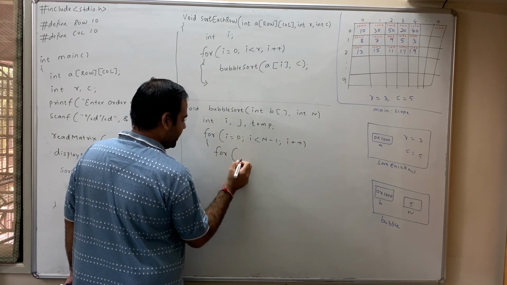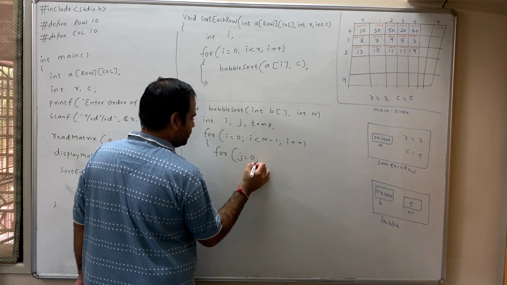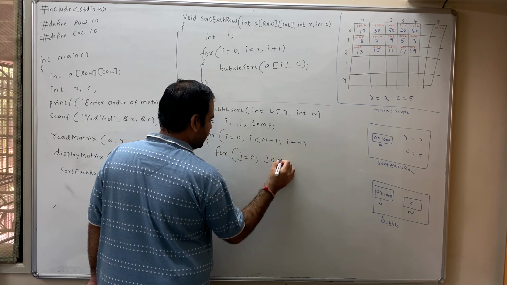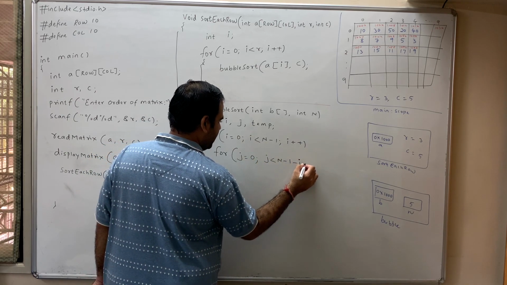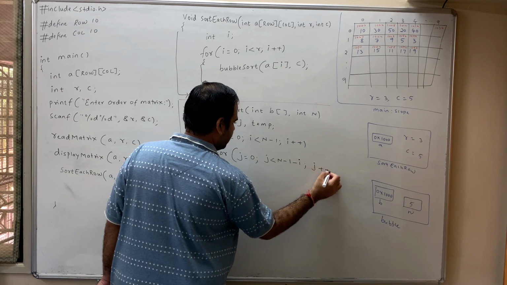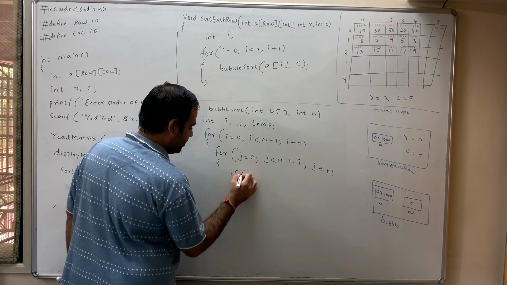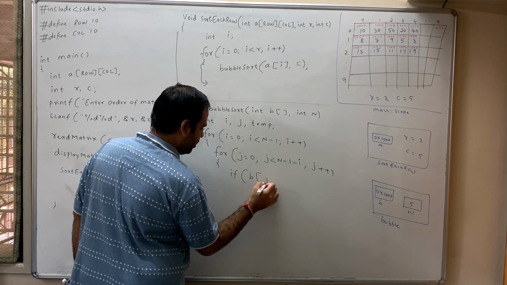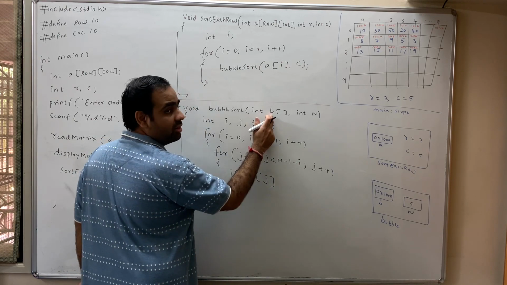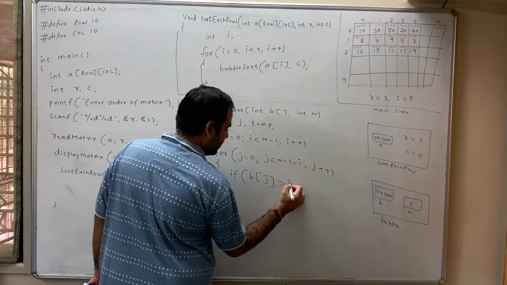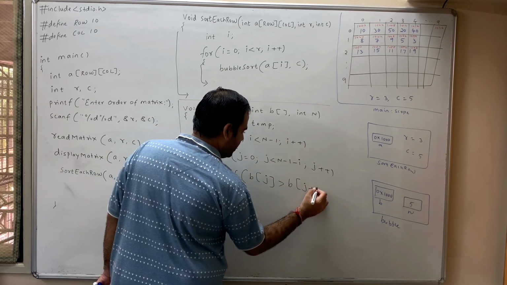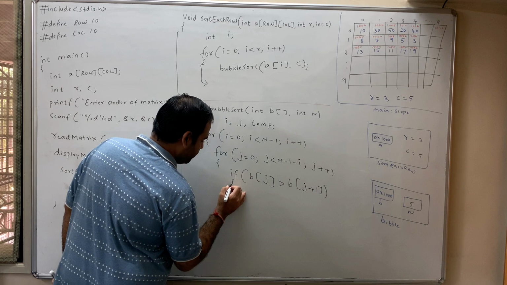For j, which represents the number of pairs, j is 0. And how many pairs are there? N minus 1 minus I, and we say j plus plus. And you compare the neighbors. And how do we compare neighbors? If B of j, do not write A because the array name here is B, B of j greater than B of j plus 1. If it is true, you need to swap it.